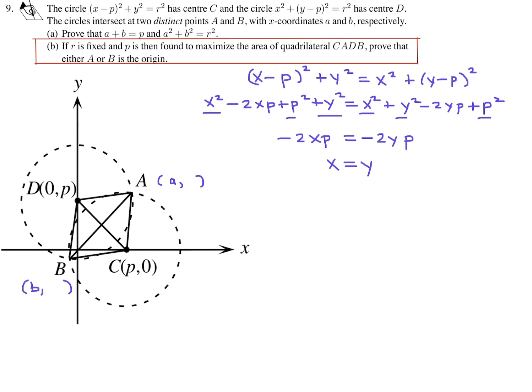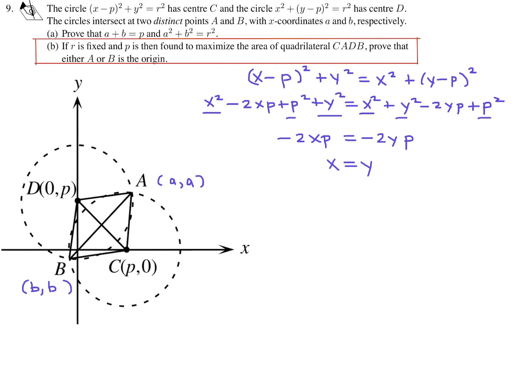But since x is equal to y for these two circles, and A and B are on these two circles, the y coordinate is the same as the x coordinate, because x equals y. So that means this is A and this is B. So there you go. Even though we were not told that in the question, we figured it out with the information in the question. So that is the first part of 9b.